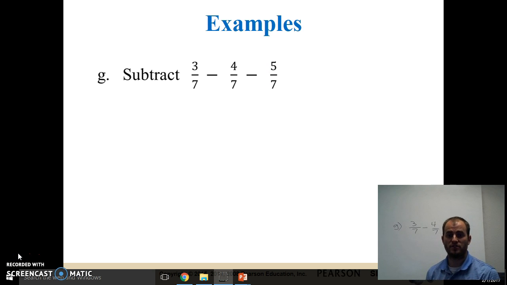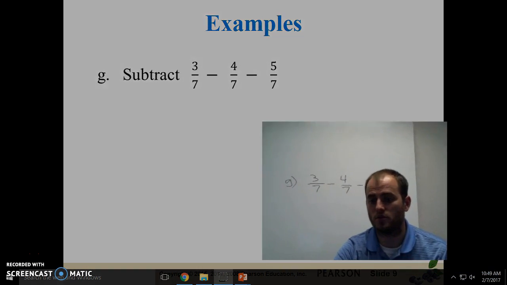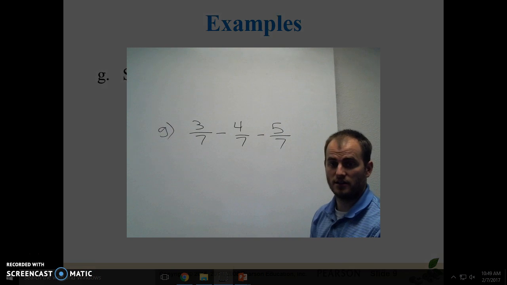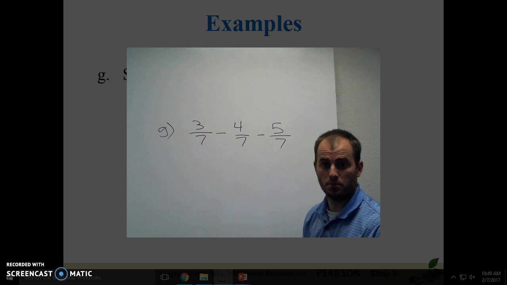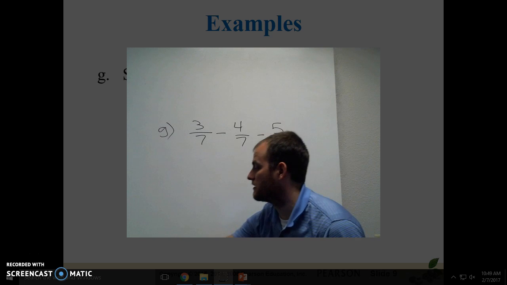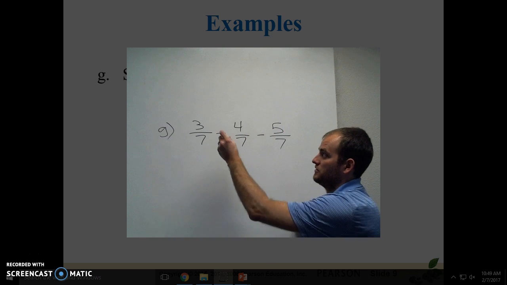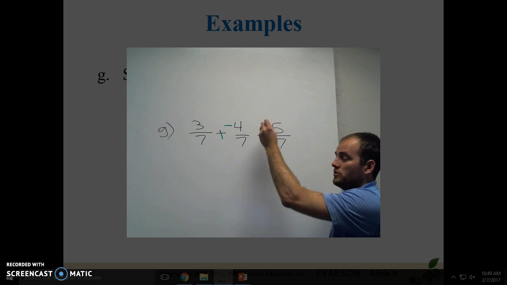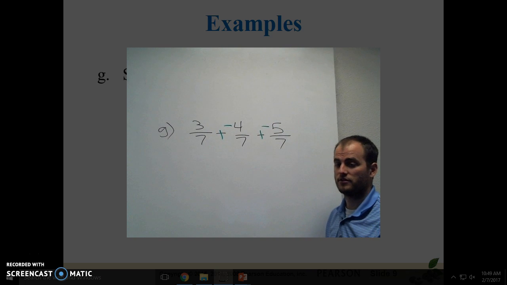says to subtract 3/7 minus 4/7 minus 5/7. When you're subtracting with negatives again, it's a good idea to switch them to plus to add the opposite. So instead of minus 4, maybe it's best to switch it to plus negative 4. Instead of minus 5, switch it to plus negative 5.